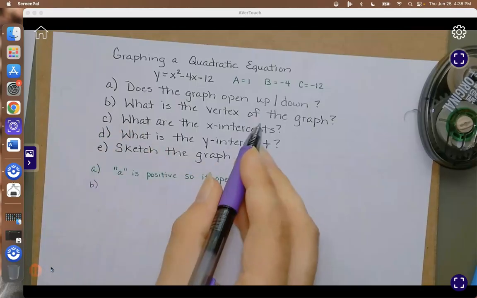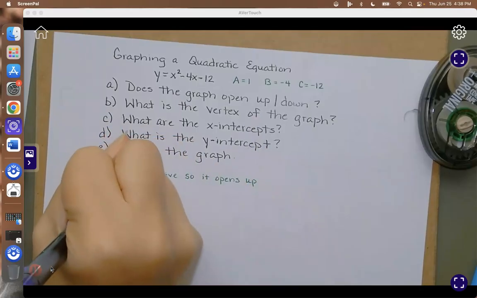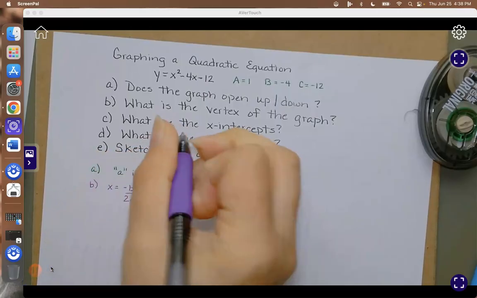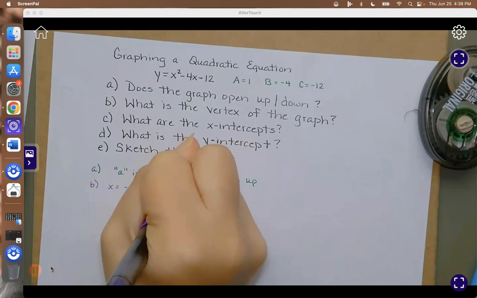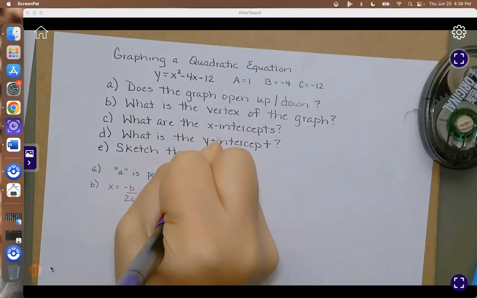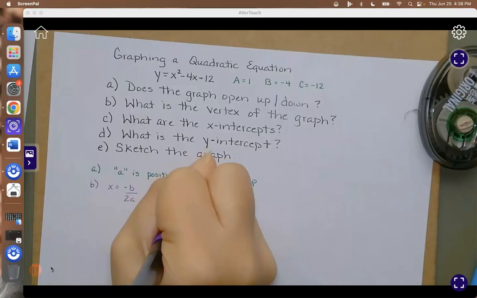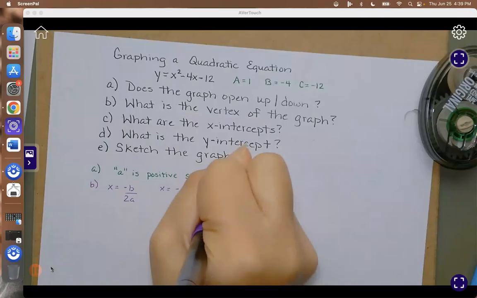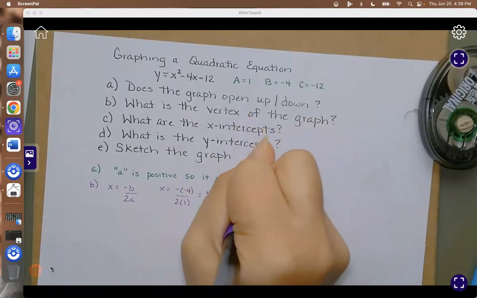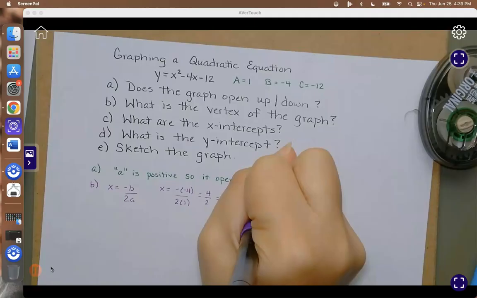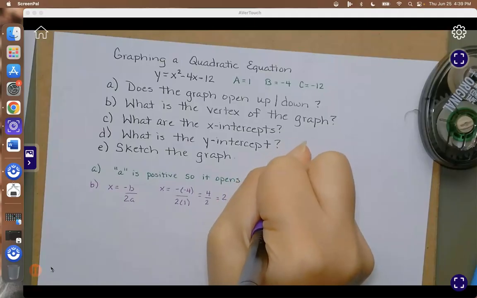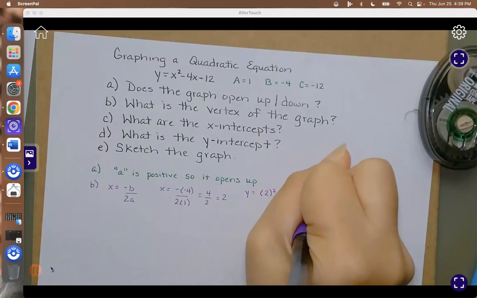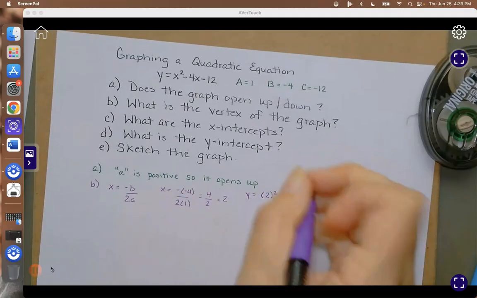B, what's the vertex? So remember, we do this formula to find X. So X is the opposite of B over 2 times A. So this is 4 over 2, which is 2. Then we plug it into our original equation everywhere we see X, because we found that X is 2.